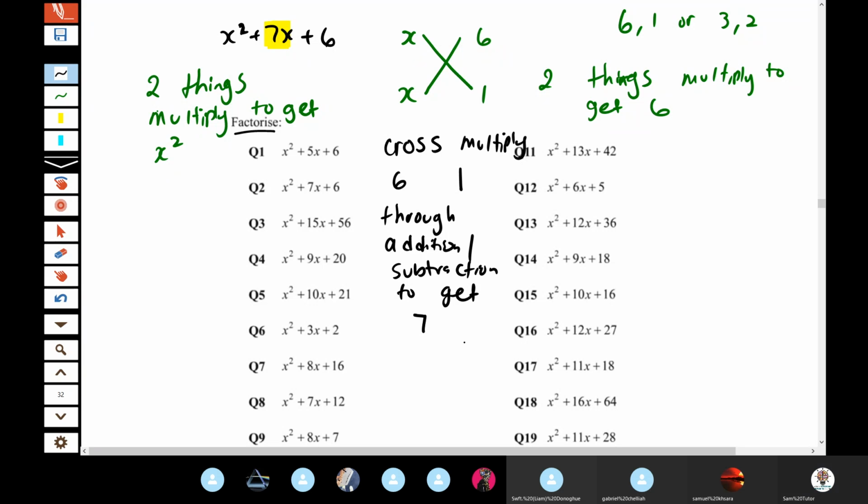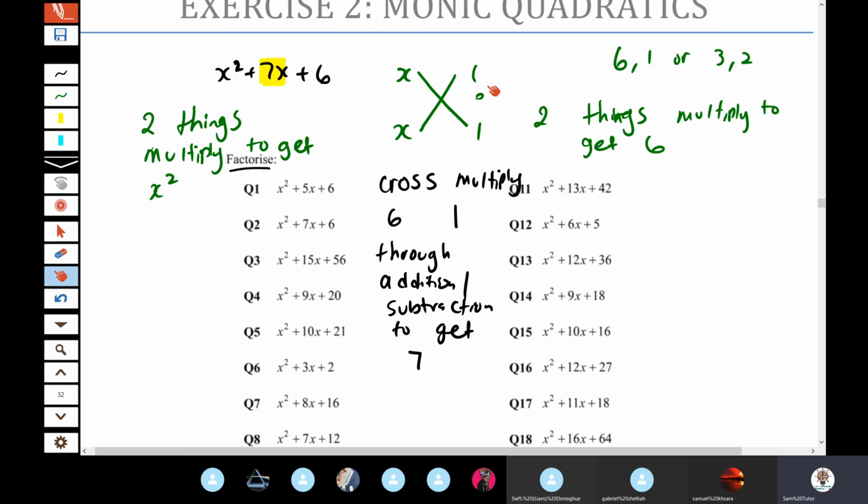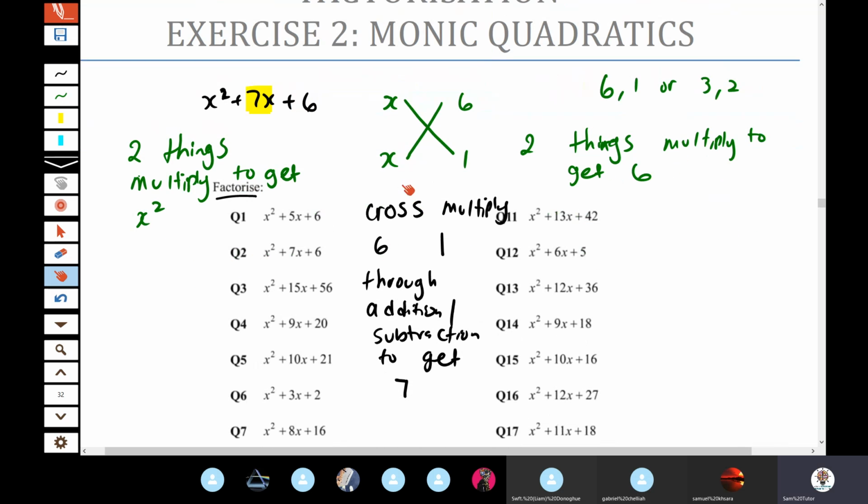So one more time, let's run through this from the top. If I had a question that said factorize this trinomial, the first thing I would draw is a cross. Then I'm like, all right, what's two things that multiply to get me the first number? X and X, put it in. What's two things that multiply to get me the last number?